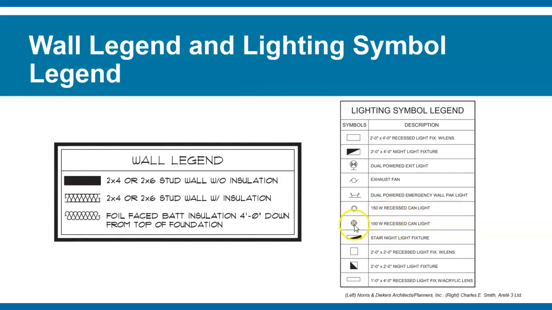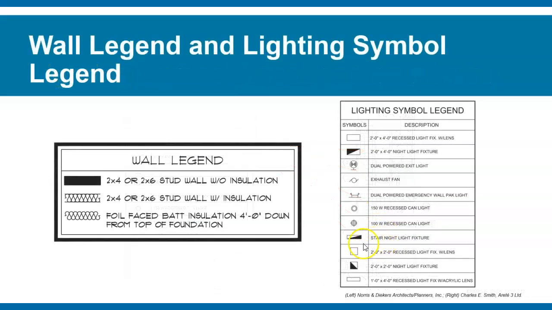Here you see a circle with a crosshatch in it. That's telling you that it's a 100 watt recessed can light. Okay, so you might see a bunch of these symbols and a bunch of these symbols, and it's just telling you that they're can lights, but one's 150 watt and one's 100 watt.